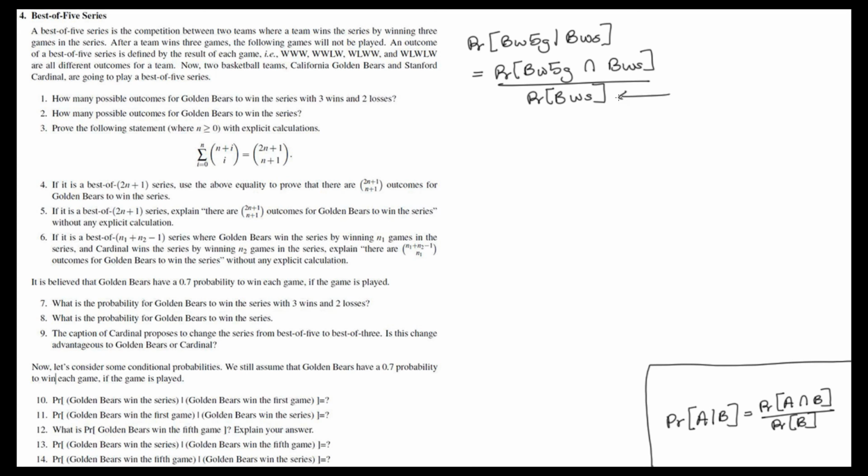This is 0.837 by part 8, and 0.185 by previous parts, so the whole thing is 0.221, the probability that the Bears win their fifth game, given that the Bears won the series.